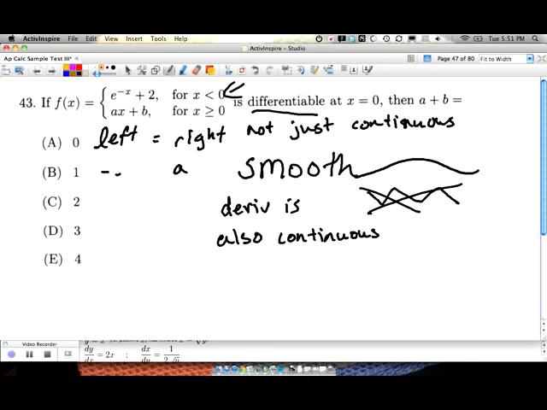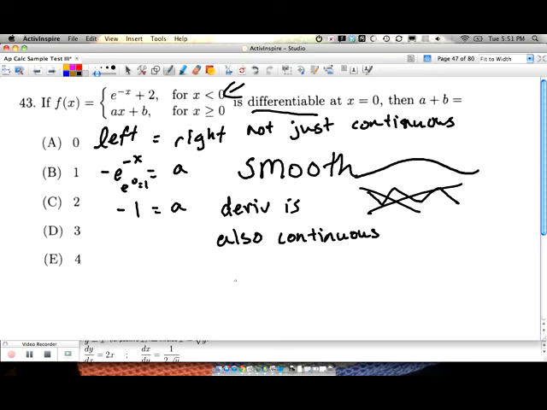The derivative of that is negative e to the negative x. And we notice that x is going to be 0. Actually, negative 1, pardon me, because negative e to the negative x, e to the 0 equals 1, and that's going to be negative 1. So negative 1 equals a.